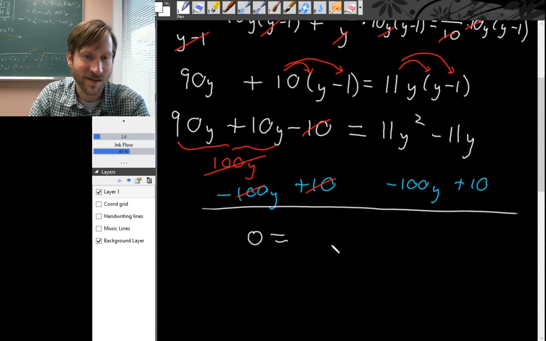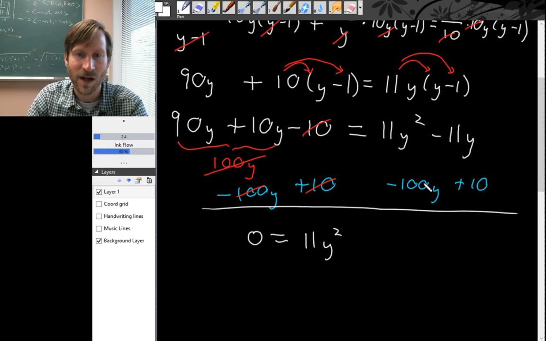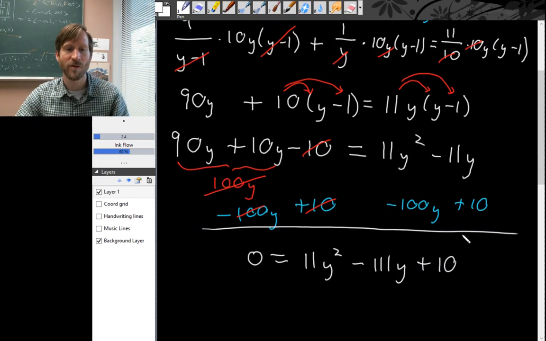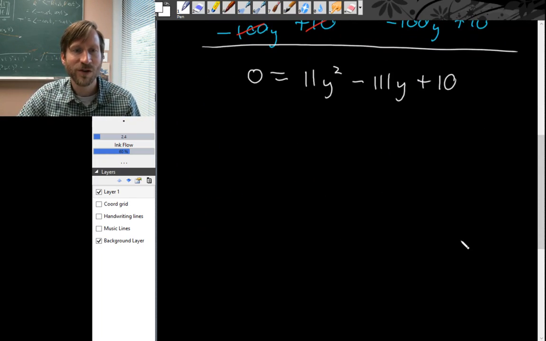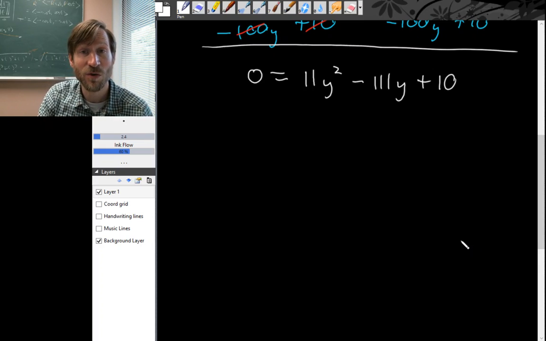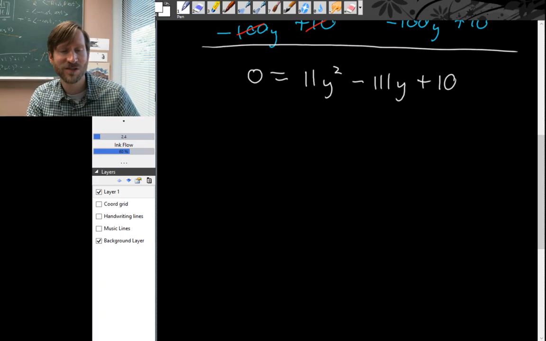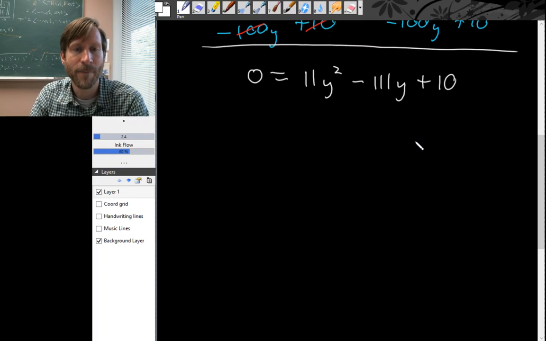And on the right-hand side, we have 11y squared. Looking at our y's, we have minus 11y minus 100y. That's minus 111y plus 10. All right. This is the sort of equation that we can solve by factoring. So let's try to factor.